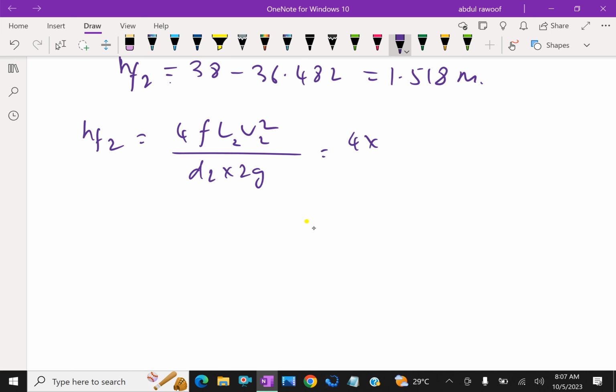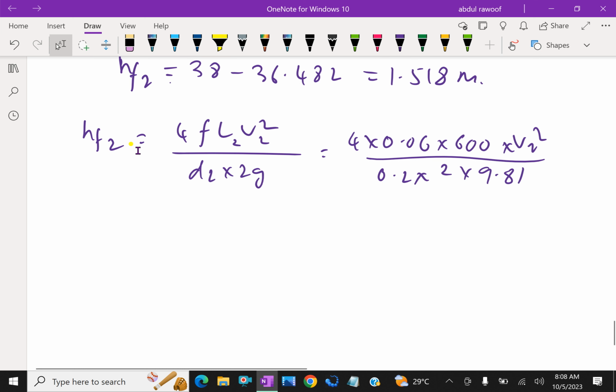Applying the values, 4 into 0.006 into L2, where the pipeline length L2 is 600 meter, and V2 squared over D2, where the diameter is 0.2, into 2 into 9.81, which equals 1.518.